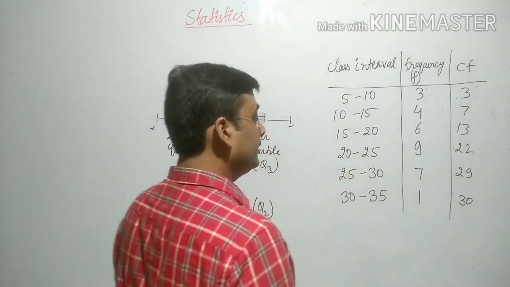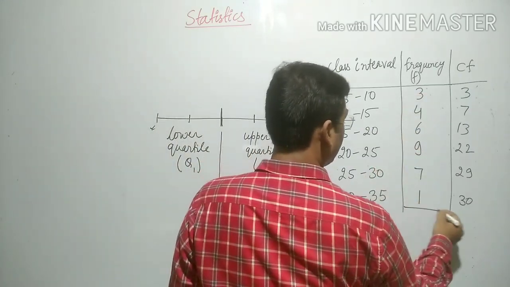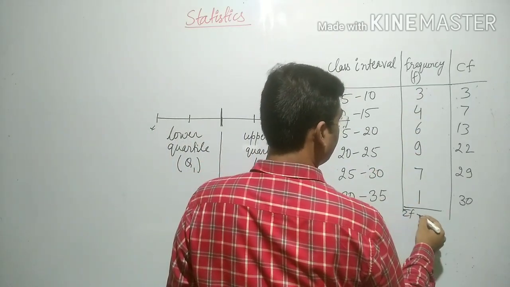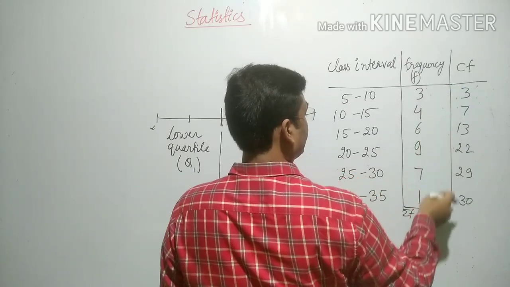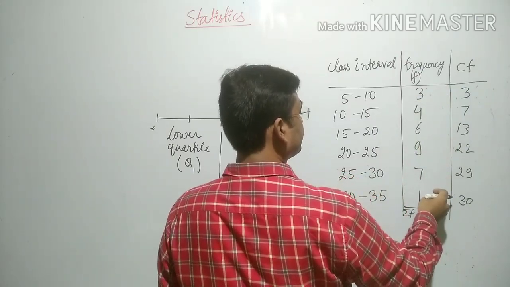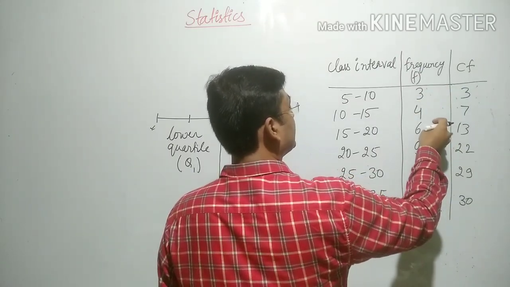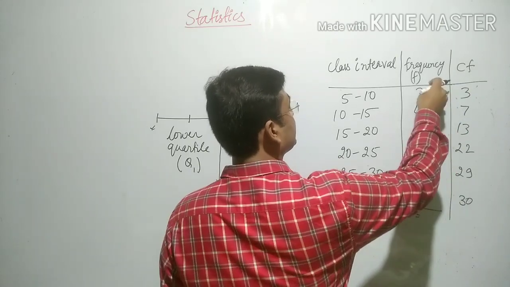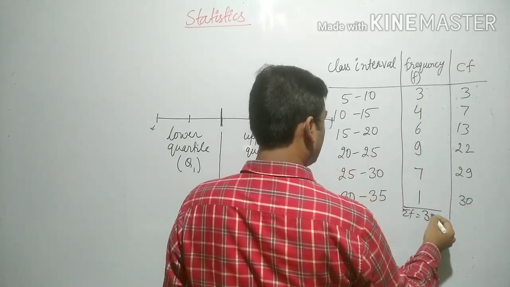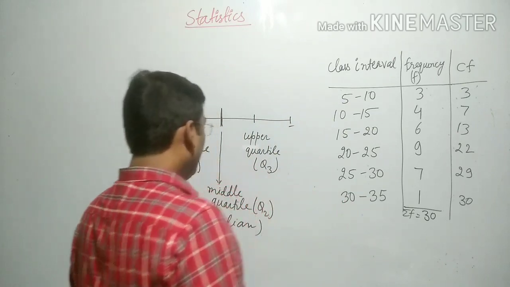Okay. Now we will try to match with this sigma F. Now this time we will check: 1, 7, 6, 2, 3 and 7, 30. So everything is okay now.